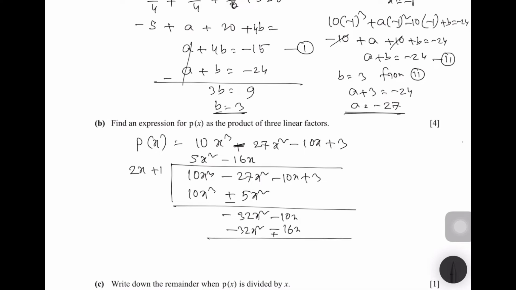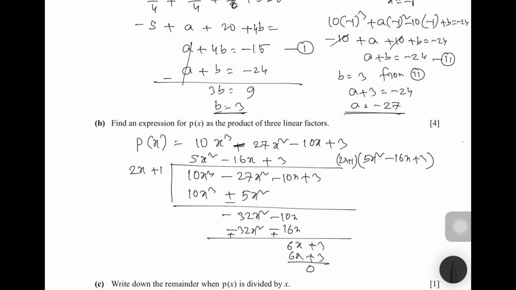Now we cancel, becoming 6x plus 3. Let me write here plus 3, and then the remainder is 0. So we can write here 5x square minus 16x plus 3 into 2x plus 1.